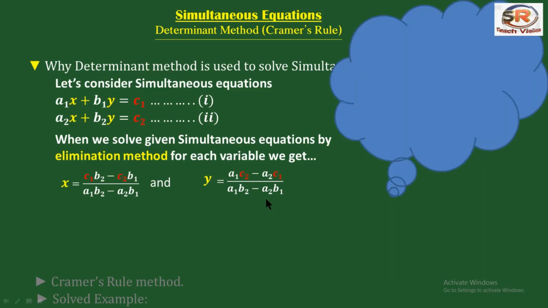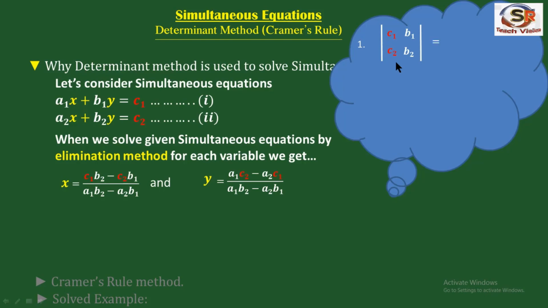Now remember the previous topic, which is related to determinant. What is determinant and how to calculate the value of determinant? Let's consider the first determinant, which contains four numbers by column c1, c2, b1 and b2.